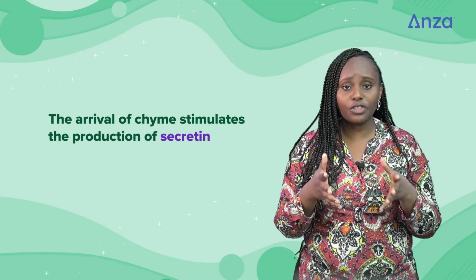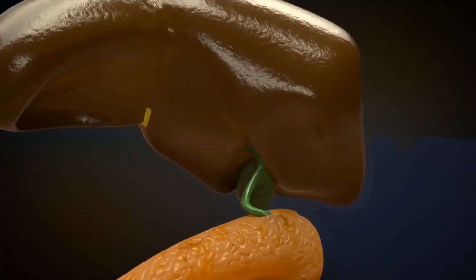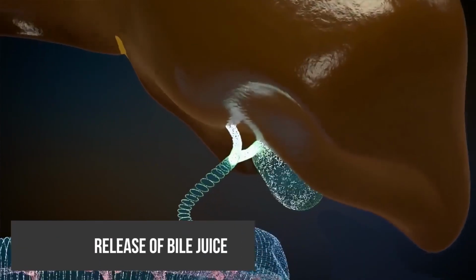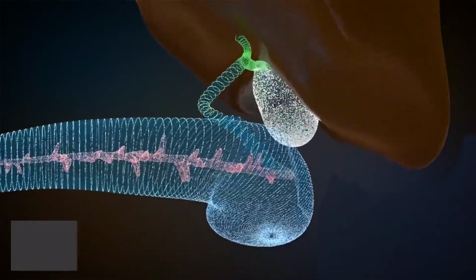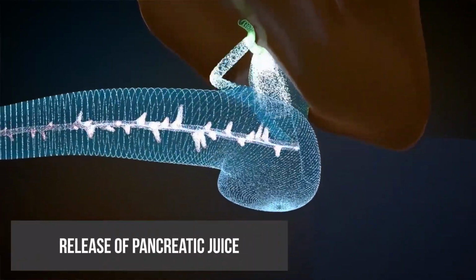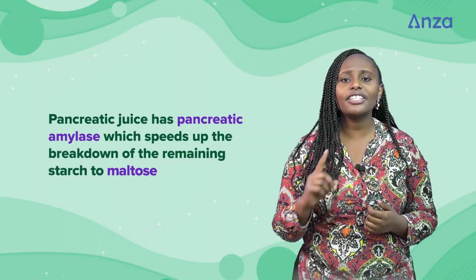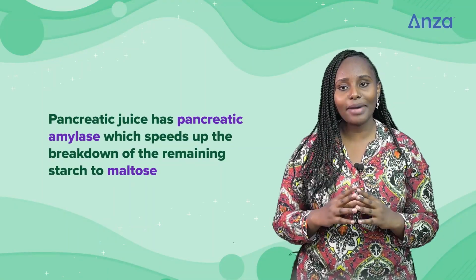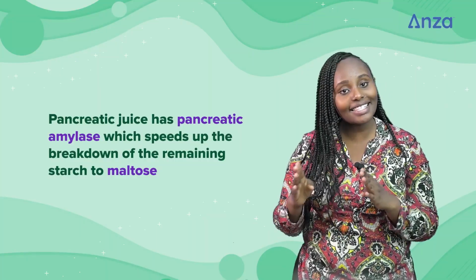The arrival of chyme stimulates the production of secretin, which stimulates the release of bile juice by the liver, and pancreatic juice by the pancreas. Pancreatic juice has pancreatic amylase, which speeds up the breakdown of the remaining starch to maltose.